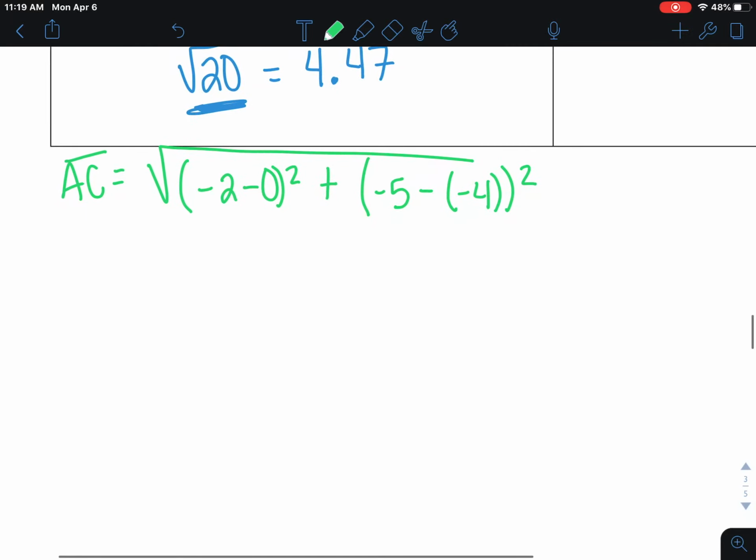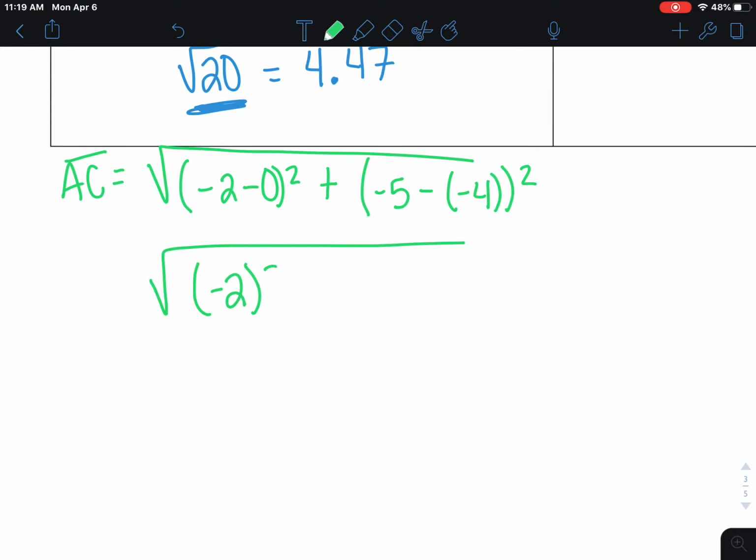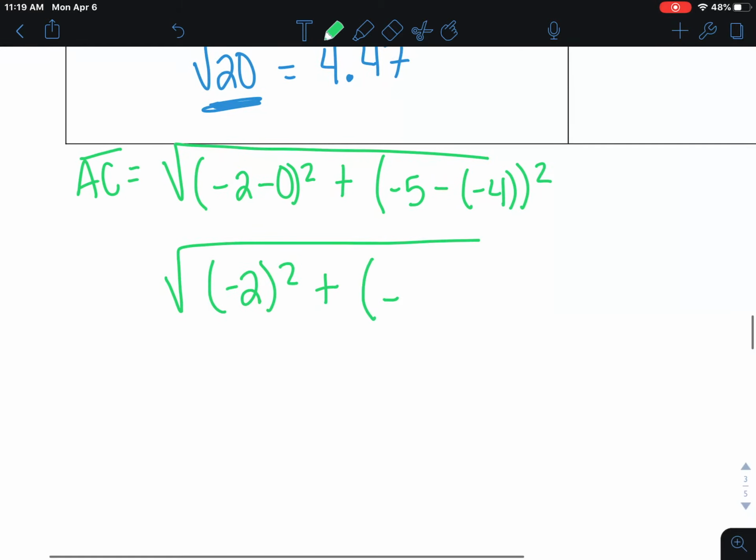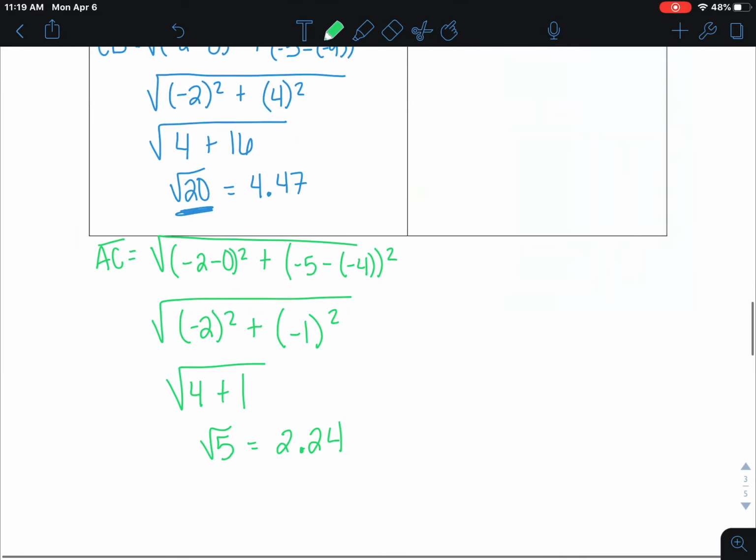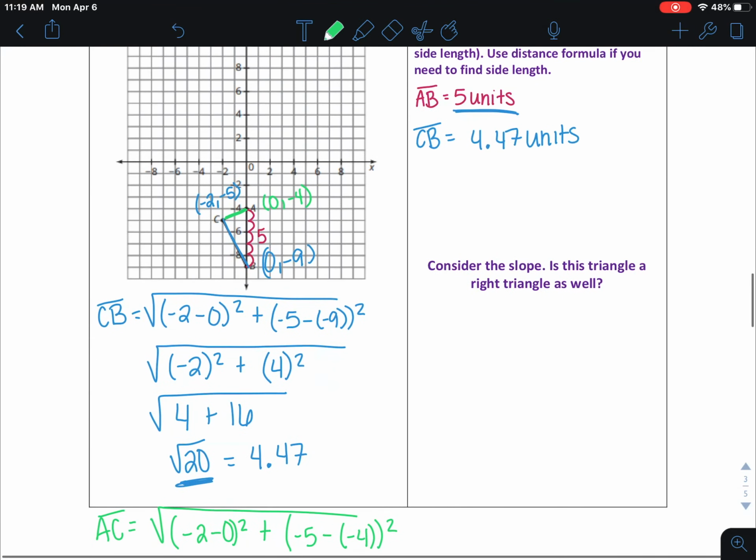Same exact thing, just doing my quick algebra through here. -2 squared plus -1 squared. Get the square root of 4 plus 1, which is the square root of 5, which is 2.24. Okay, so I'll write that up top. We have AC with a side length of 2.24 units.